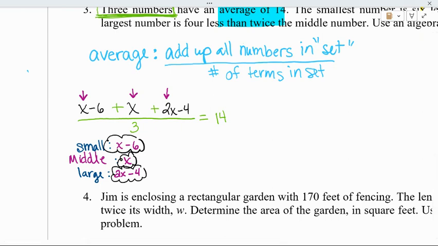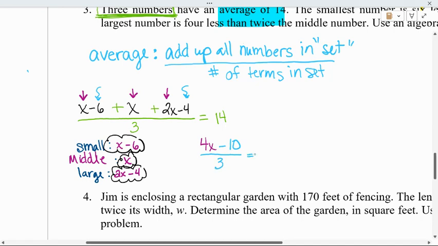So x plus 2x is how many x, Jamari? 4x. Good job. And then what about my 2 constants? What's a -6 and a -4 equal? -6 and -4 is -10, all over 3 equals 14.